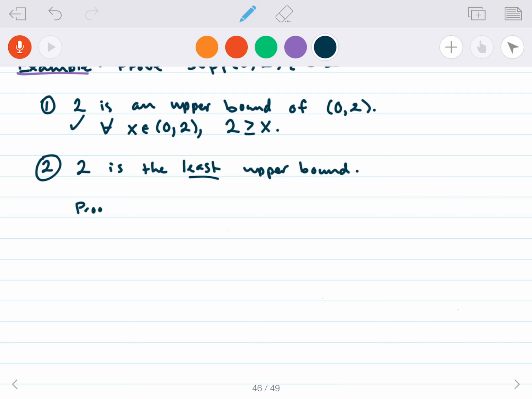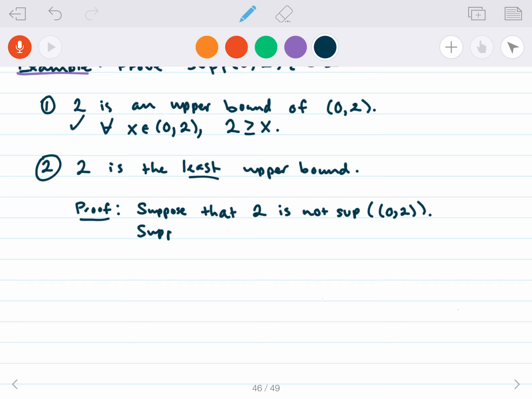So to prove this, let's suppose that it's not. Okay, so suppose that 2 is not the supremum of (0, 2).